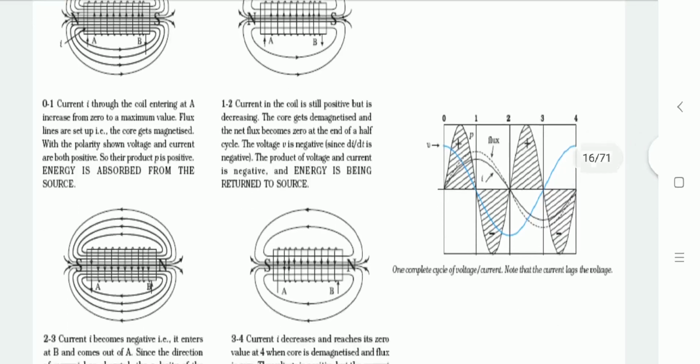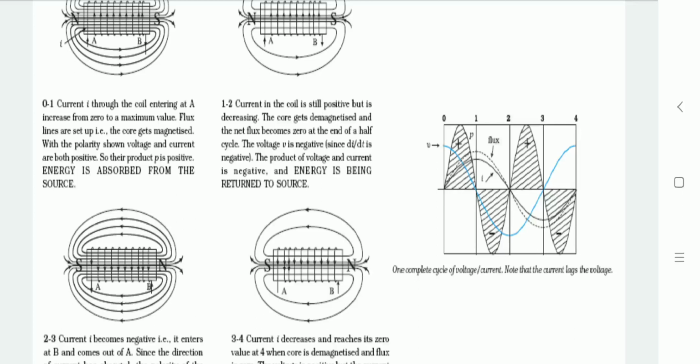Now let's focus on 2 to 3, where the supply voltage is positive and the current is given from B to A. As the current is given from B to A, the magnetic field is generated from B to A. So we consider B as the north pole and A as the south pole, and the voltage drop across it moves from maximum negative to 0, and the current is reducing on the negative side as the current is flowing in the opposite direction. So the current is shown in the negative half.